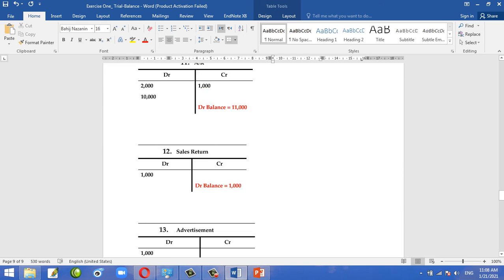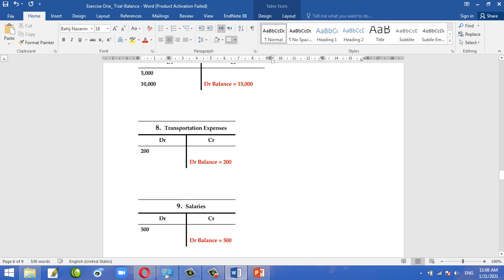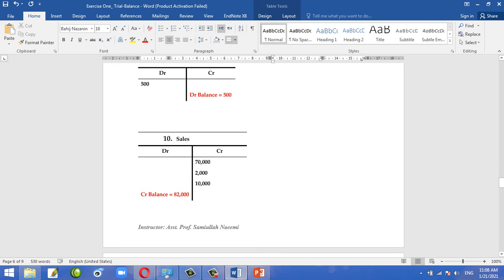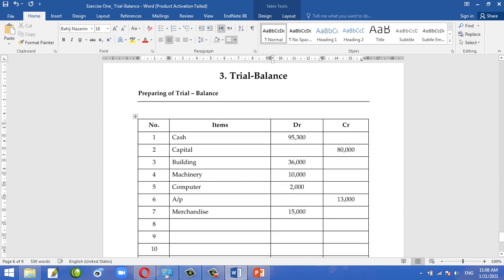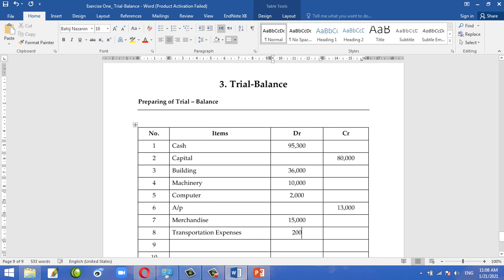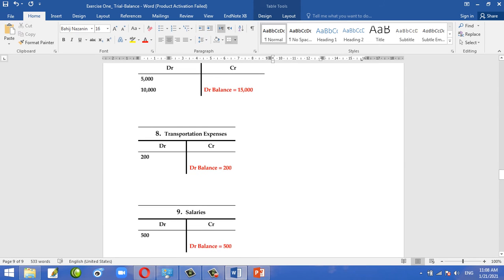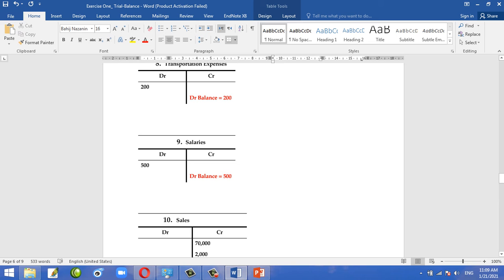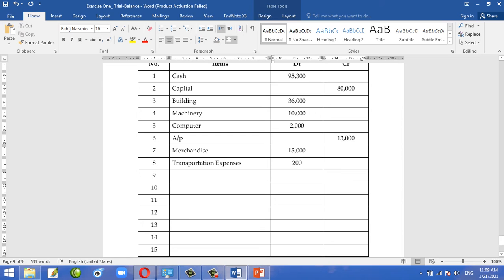Now come to the next one. The next one is transportation expenses, that's 200 in debit side. Now come to the next one. We have salaries expenses, 500 in debit side.